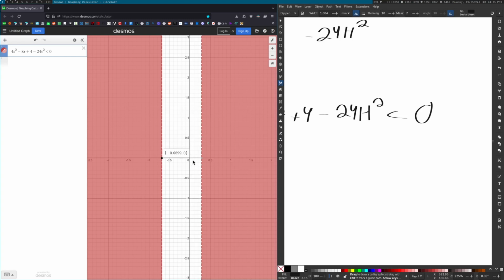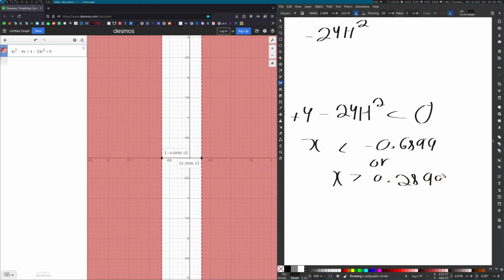Okay, so in this case, x must be less than negative 0.6899, and x must be greater than, so not and, or x is greater than 0.2899.